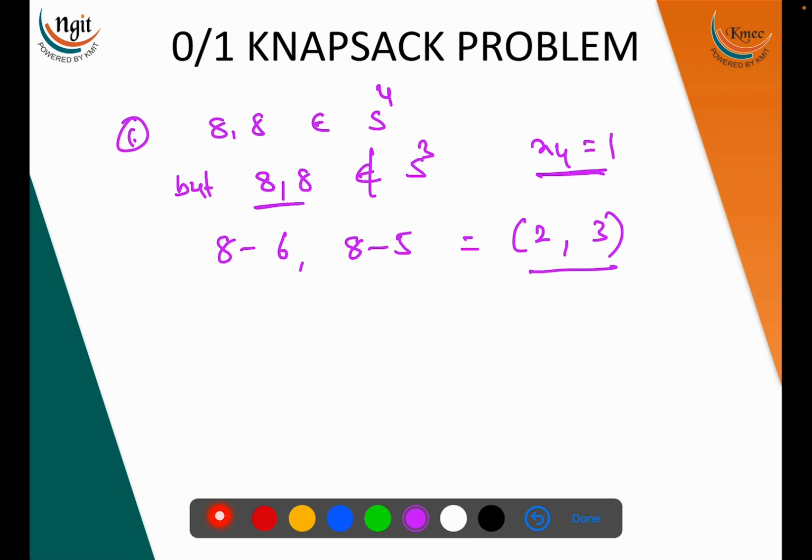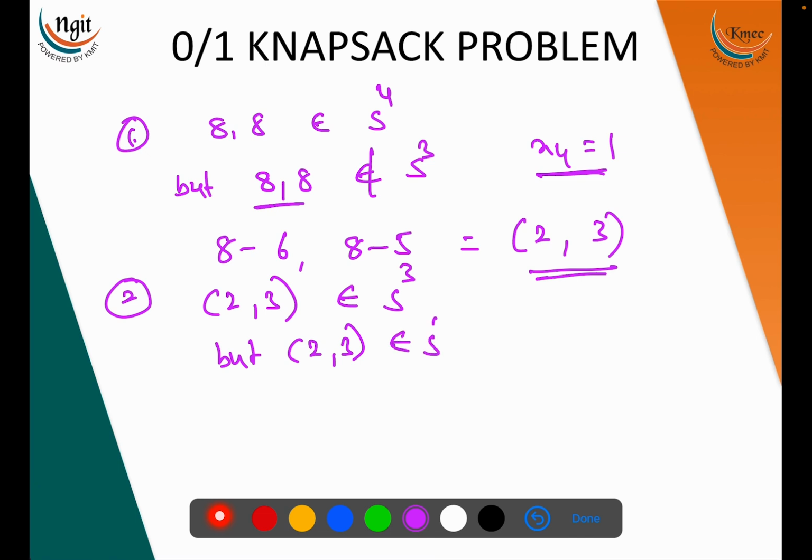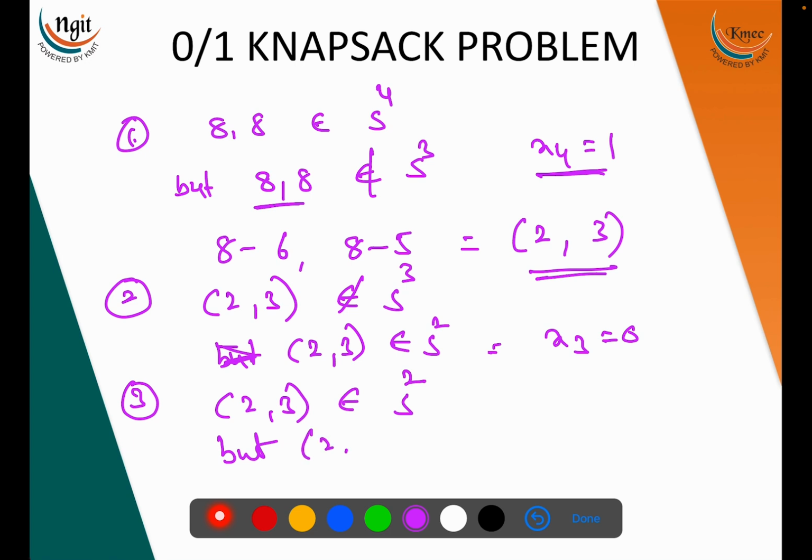Now let's see whether the (2,3) pair is there in any other set. The (2,3) pair belongs to S3, but (2,3) does not belong to S2. That means X3 item is not placed, and (2,3) belongs to S2, but (2,3) does not belong to S1.